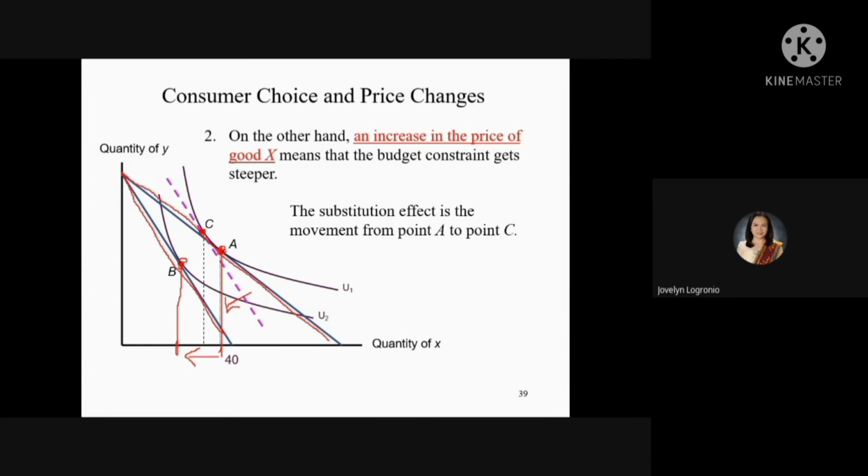So as a result, from point C, the quantity of good X further decreases to point B. The movement from point C to point B is called the income effect. So we can conclude here again that good X is a normal good because as the purchasing power of the consumer declines, the quantity of good X also declines.